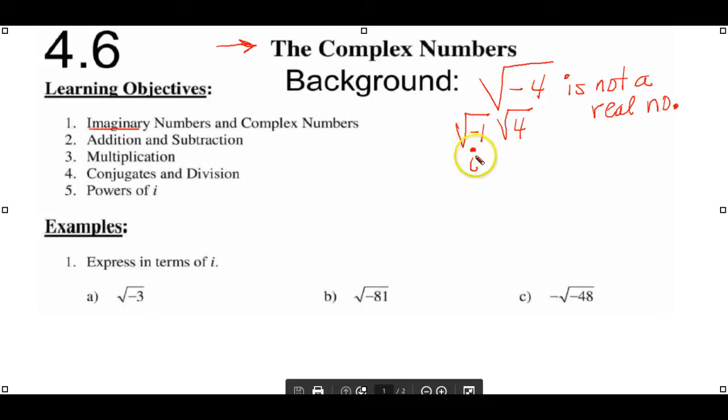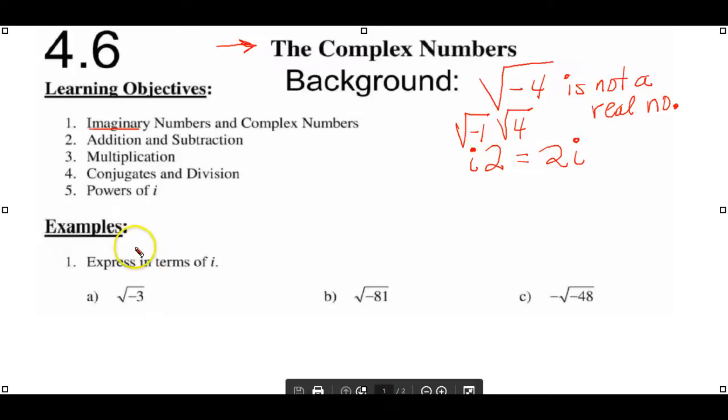So this would be i times the square root of 4, and we know the square root of 4 is 2. Now, they didn't usually write it this way. They would put the number first, and then they would put the i. So what is 2i? 2i is the square root of -4.